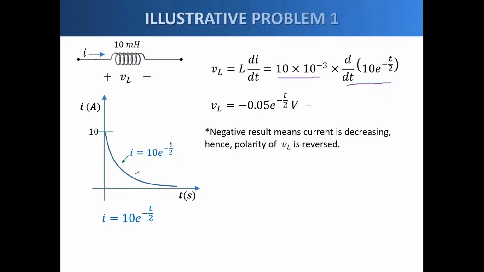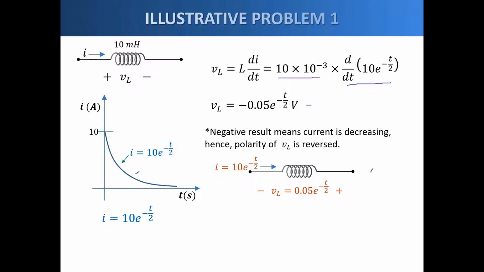So a negative result means that the current is decreasing, and therefore the polarity of the voltage across the inductor with respect to the direction of the current must be reversed and should be this one.